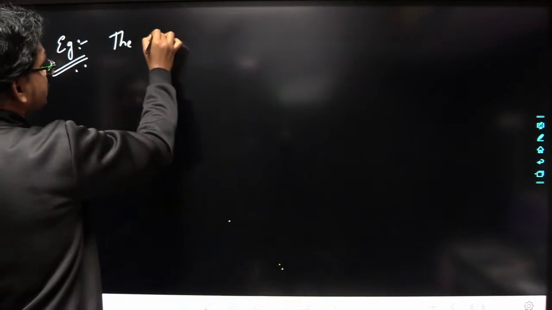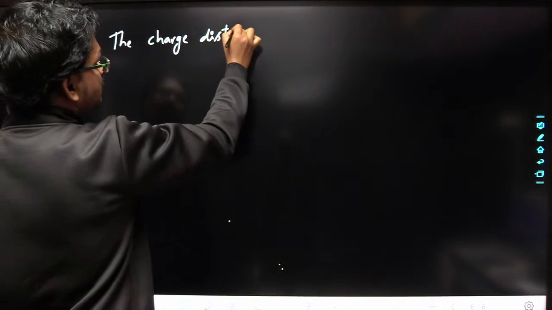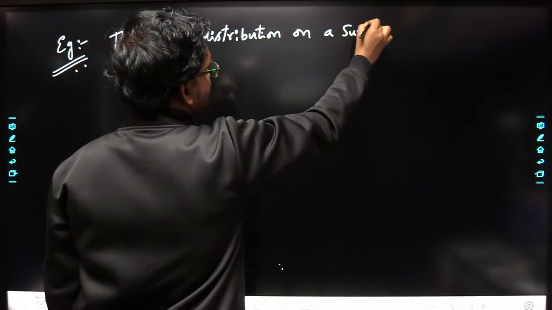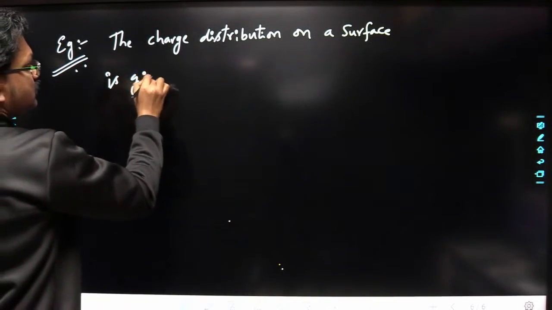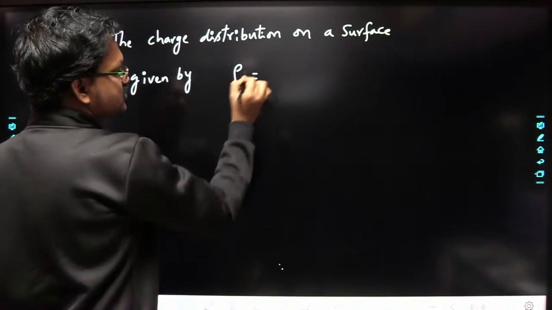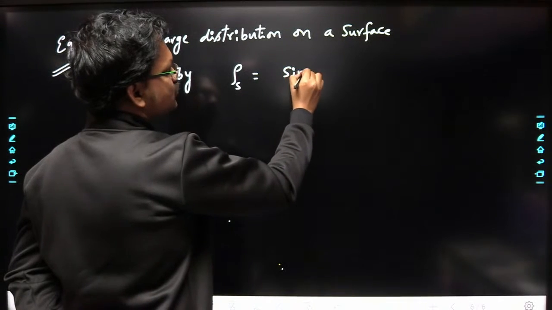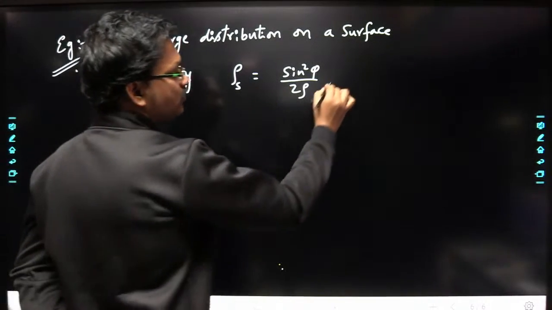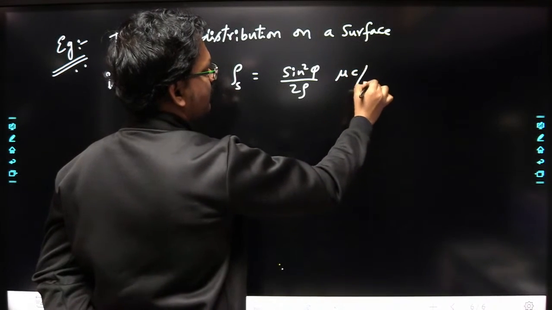The charge distribution on a surface is given by rho s equal to sin square phi by 2 rho microcoulomb per meter square.